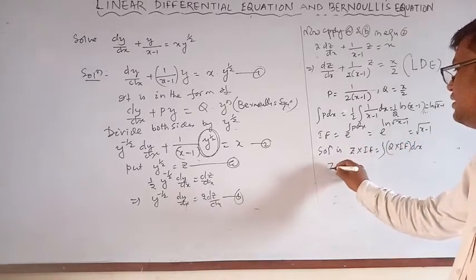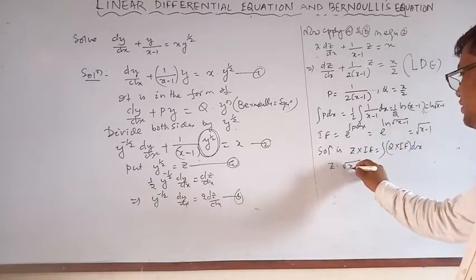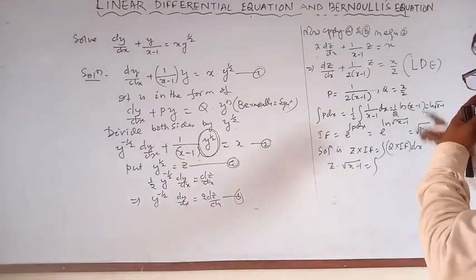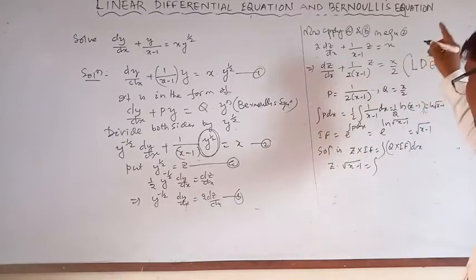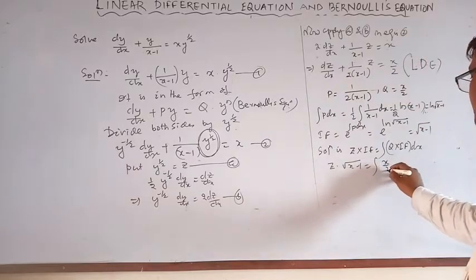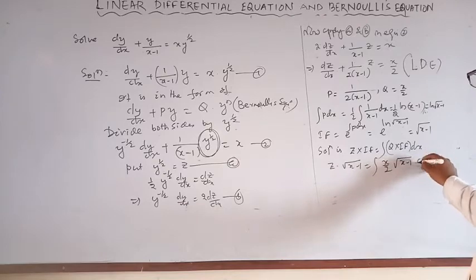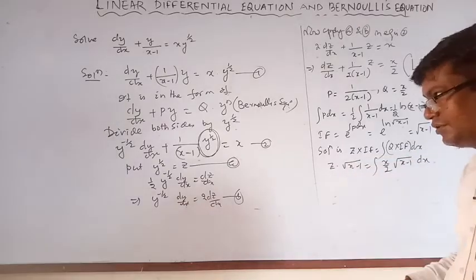So z into IF means root over x minus 1, and Q is x by 2. So x by 2 into root over x minus 1 into dx.